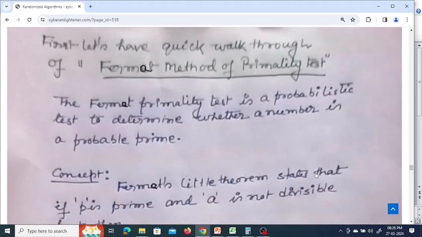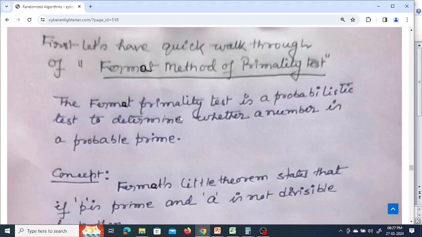Now, what is Fermat's method of primality test? Fermat's primality test is a probabilistic test to determine whether a number is a probable prime or not. This primality test is used heavily in cryptography.